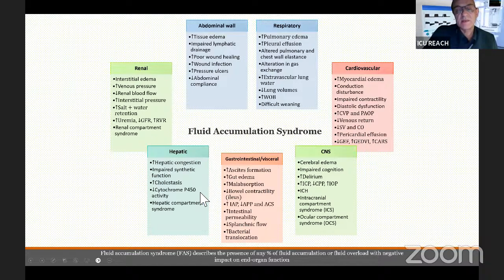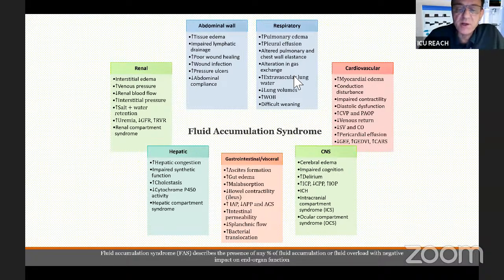In the liver, there's increased hepatic congestion, impaired synthetic functions, increased cholestasis, decreased cytochrome activity, and hepatic compartment syndrome. In the brain, we're going to have cerebral edema, impaired cognition, increased rate of delirium, increased intracranial pressure, decreased cerebral perfusion pressure, and we'll have intracranial compartment syndrome and ocular compartment syndrome.